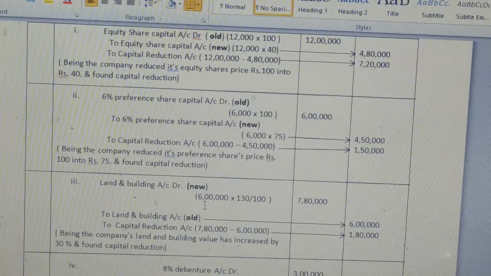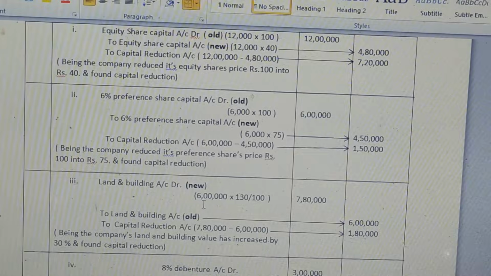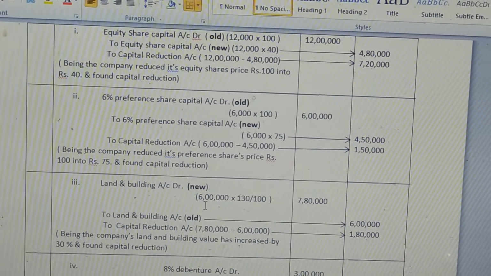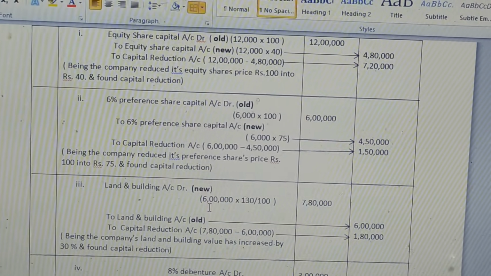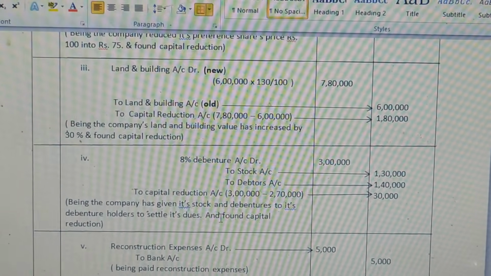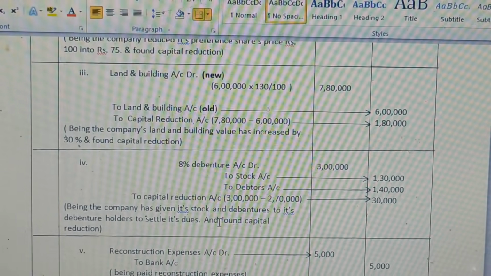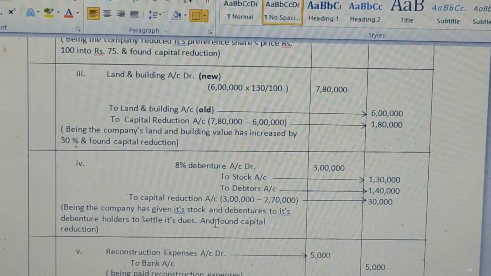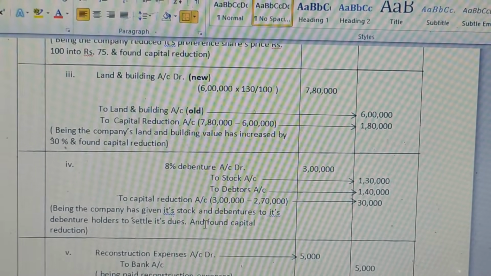In narration, being the company reduced its preference share capital price from rupees 100 into rupees 75, and also we found the capital reduction amount. And the third journal entry, in the debit side, land and building account data new. It means the land and buildings value has appreciated by 30%.